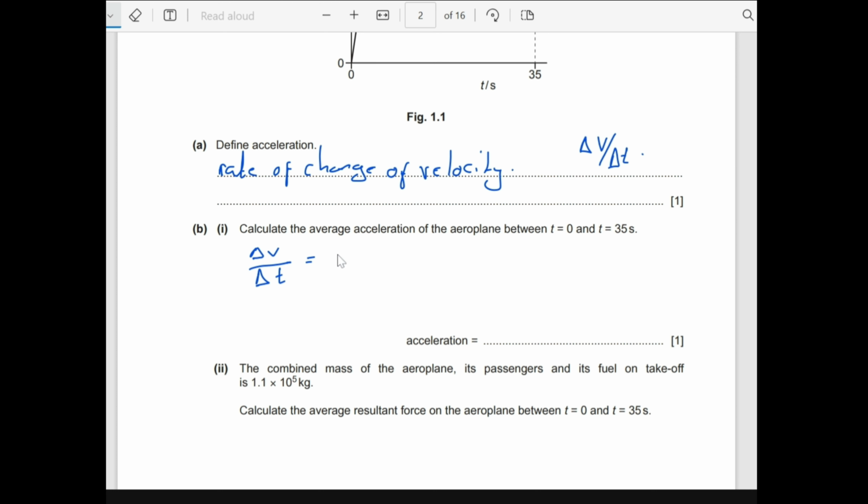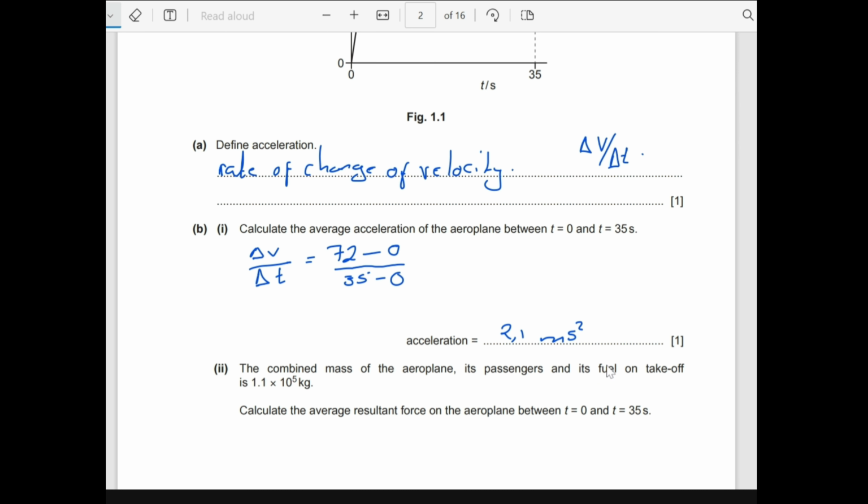In this case, we only have the final velocity, 72 meters per second, and I'm going to use 0 as the initial velocity, over the final time, 35 seconds, minus 0, which is the initial time. If I divide the two, I'm going to get 2.1 meters per second squared.